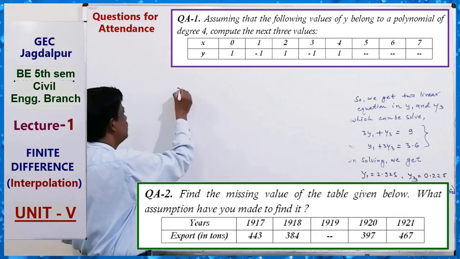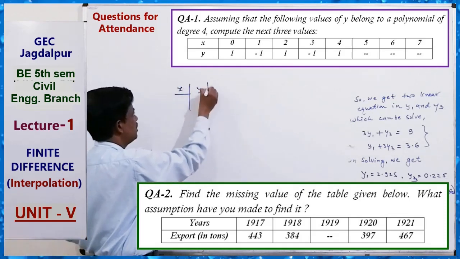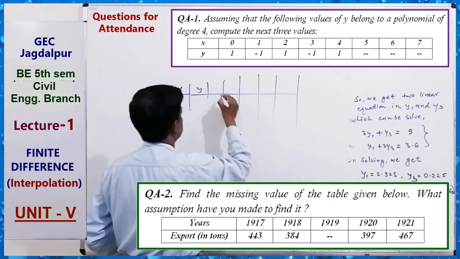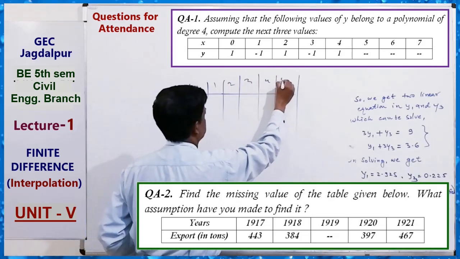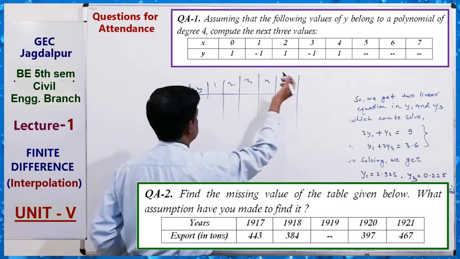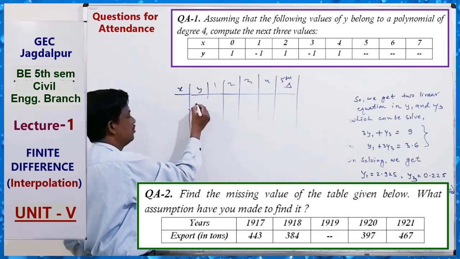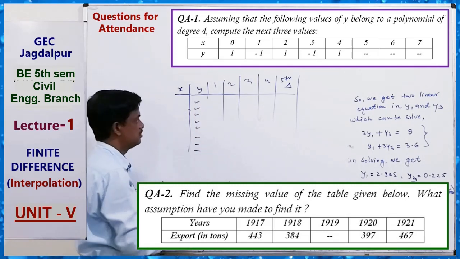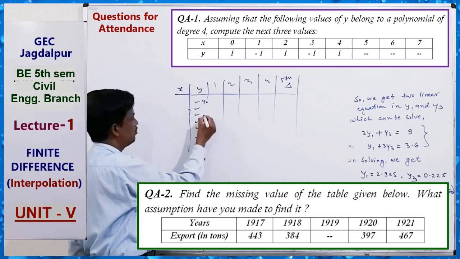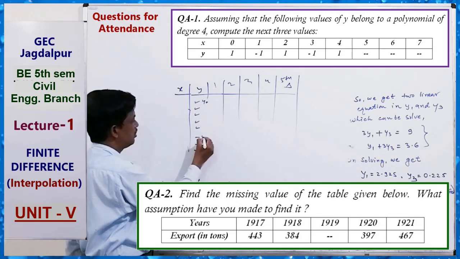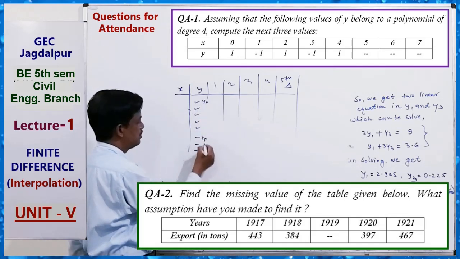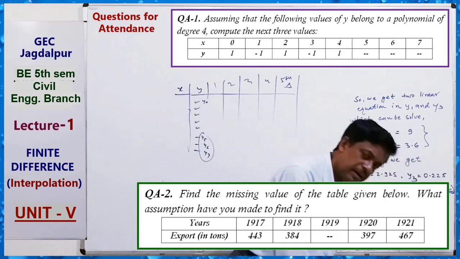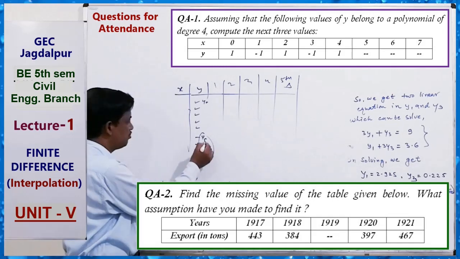So make the table x, then y, and then first, second, third, fourth, fifth differences. Values are given for y0, y1, y2, y3, y4, and we have to find y5, y6, y7.